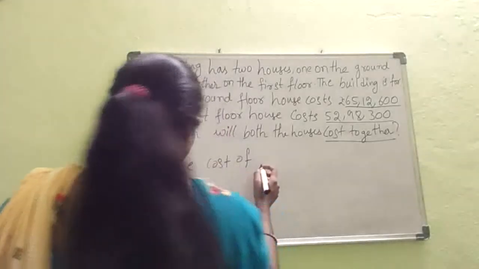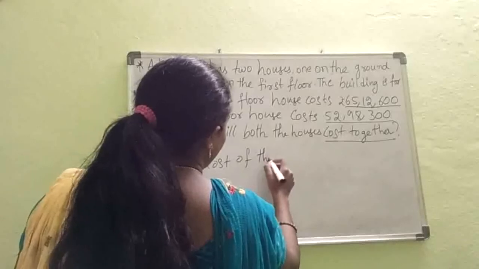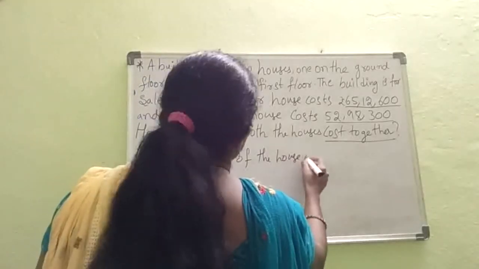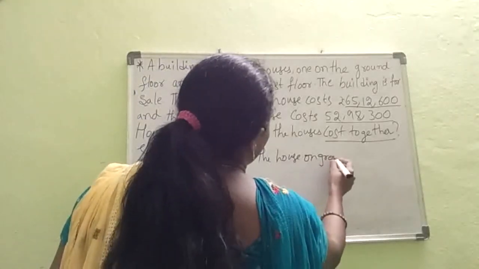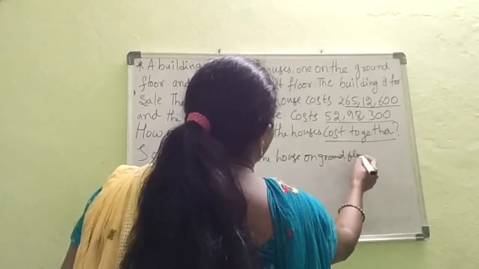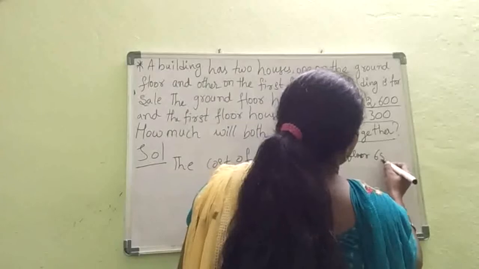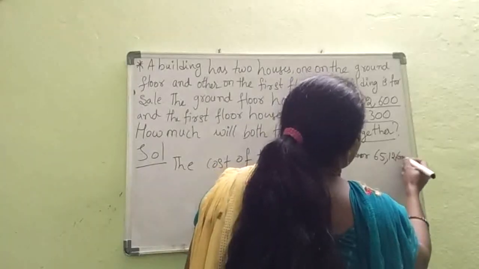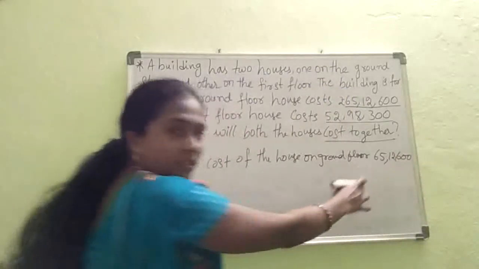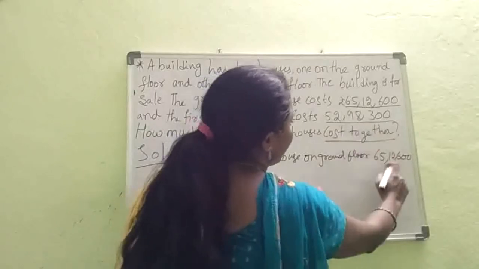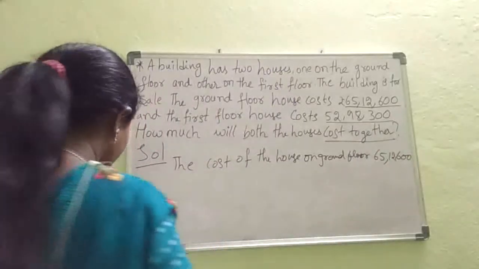The cost of the house on the ground floor. What is the value given? That is 65 lakh 12,600. Is it visible? This number, 65 lakh 12,600.